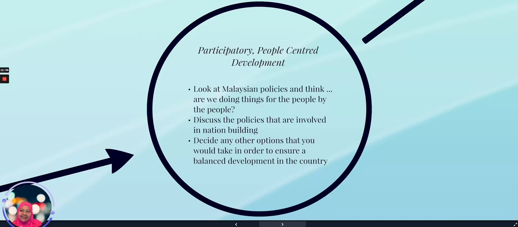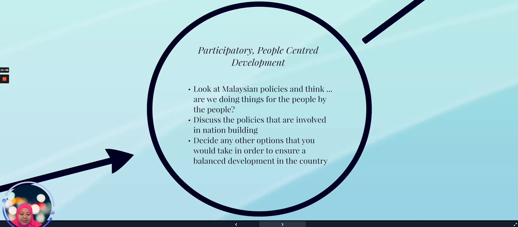And we are going to discuss the policies that are involved in nation building in our next class as well. But before we go into that policies, you have to search for relevant policies so that we can have a smooth discussion on these policies. And then you have to decide any other possibilities or options that you will take in order to ensure a balanced development in Malaysia.